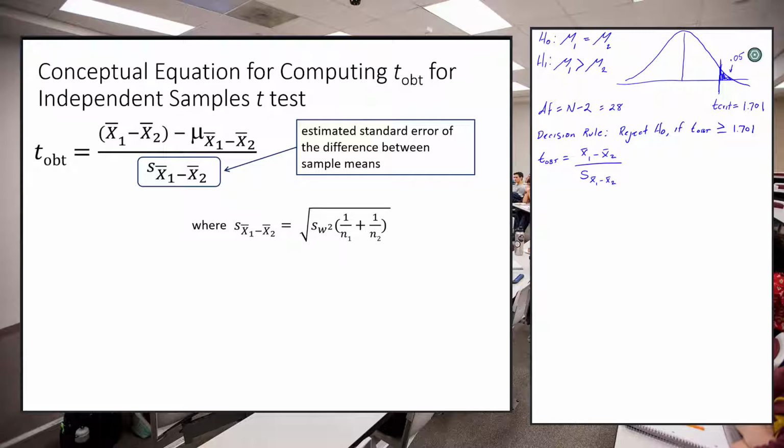We've got the standard error of the difference between sample means is equal to the square root of this S_W squared, which represents the pooled variance of both samples, times 1 over n1 plus 1 over n2. Okay? So let's continue.